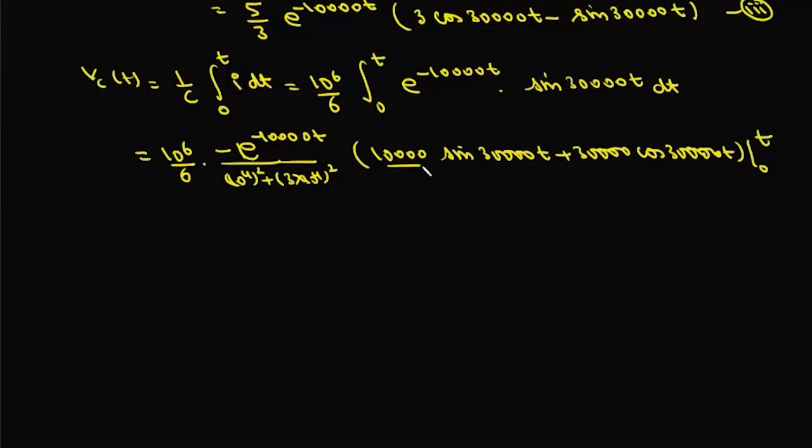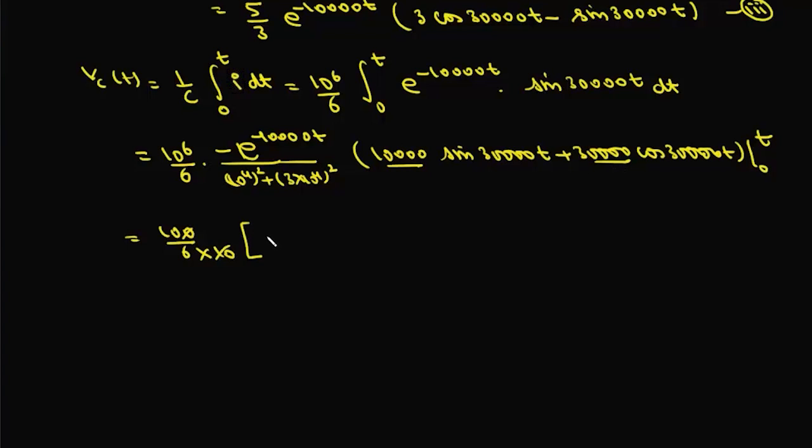Now this is 10 to the power 10, and here it is 10 to the power 8. So there will be 100 upon 6, and here it is 9 plus 1, 10. So it will be 10 by 6, and then we have this minus sign, so we'll change the limits. So we'll put 0 first. So this is 0, sine is 0.